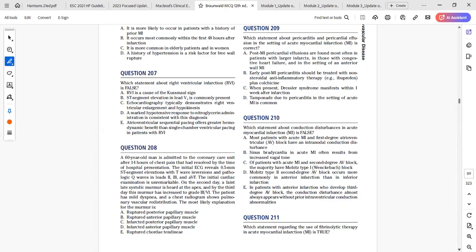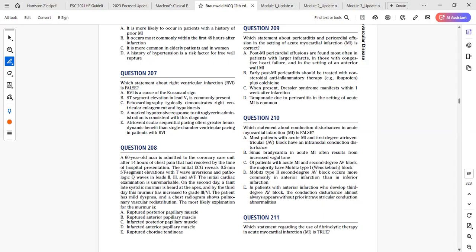With prompt management of the patient, it would most times gradually resolve and reverse. So with inferior infarction, it's more common to have the Mobitz type 1 Wenckebach block, and it's commoner than the Mobitz type 2. So this option C is a true statement that of patients with acute MI and second-degree AV block, the majority have Mobitz type 1 Wenckebach block.